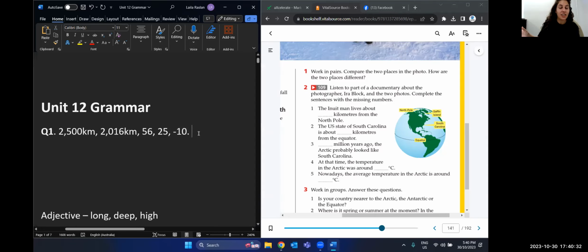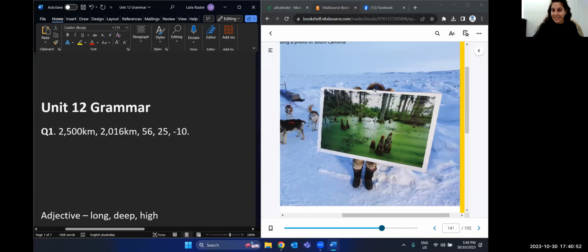Okay, so now that you know the answers, let's have a listen one last time, especially for some people who just came into the room. So listen to question 2. It's a documentary. It's talking about a photographer. Her name is Ira Block, and she took both of these photos. She has the man holding a photo of her second photo.